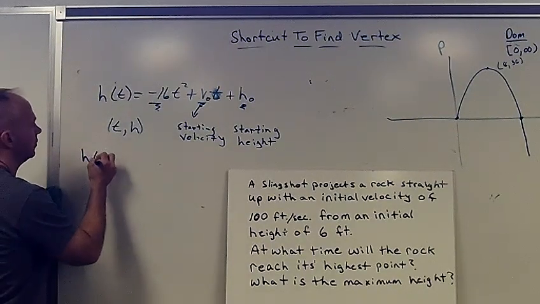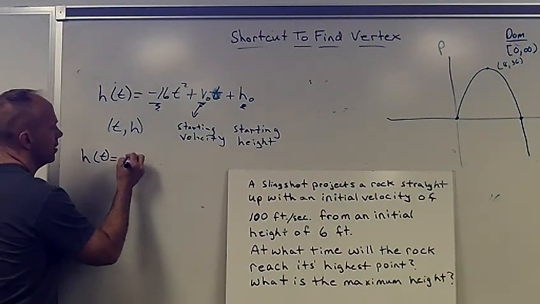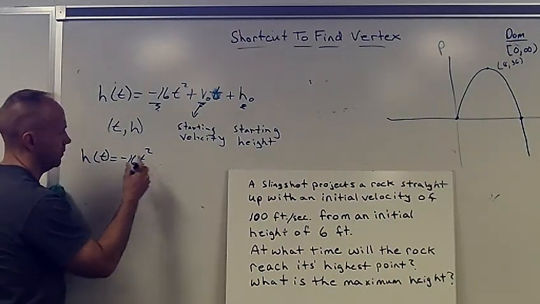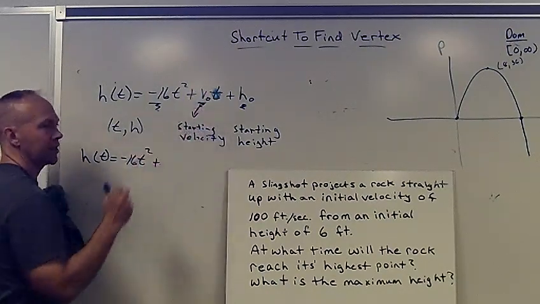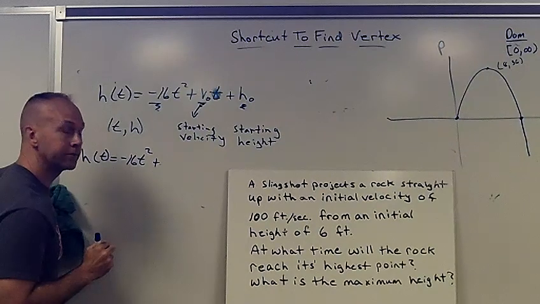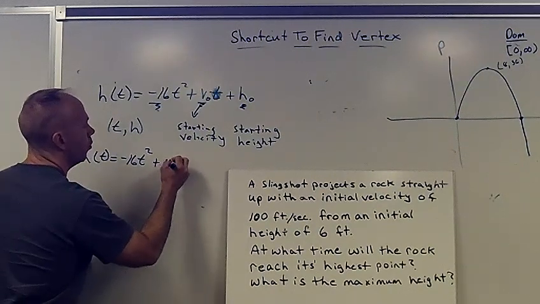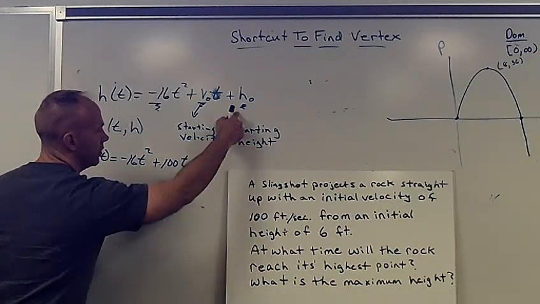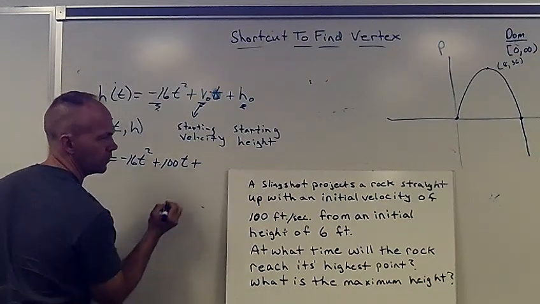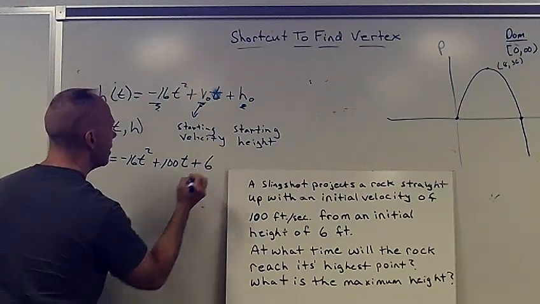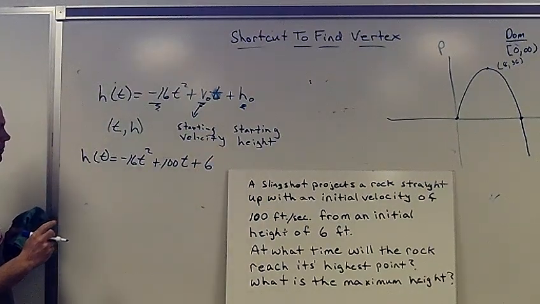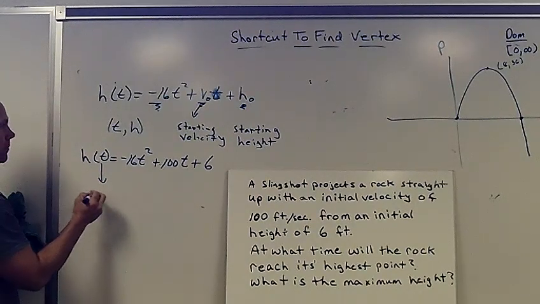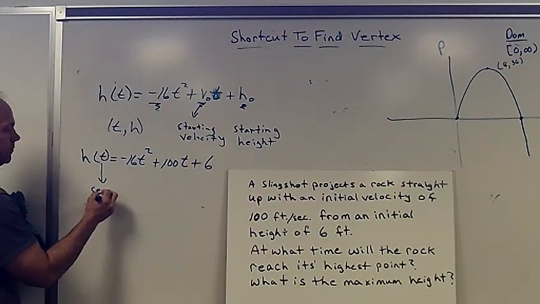So I've got h of t, it's going to be negative 16t squared because we're still on Earth, right? What's my initial velocity? Anyone? 100t plus initial height, and that's going to be, what was it, 6 feet off the ground. Now, one comment I want to make: generally, we will use t as time in seconds.